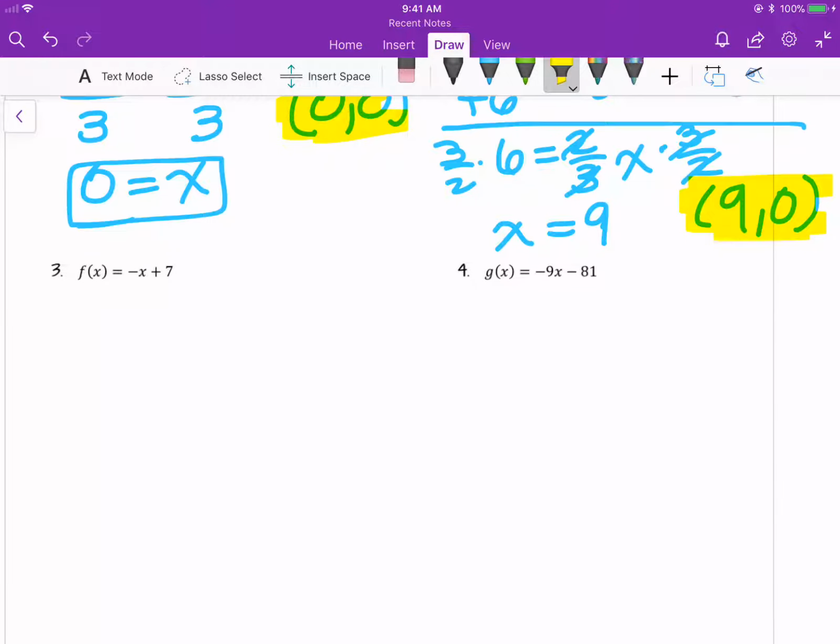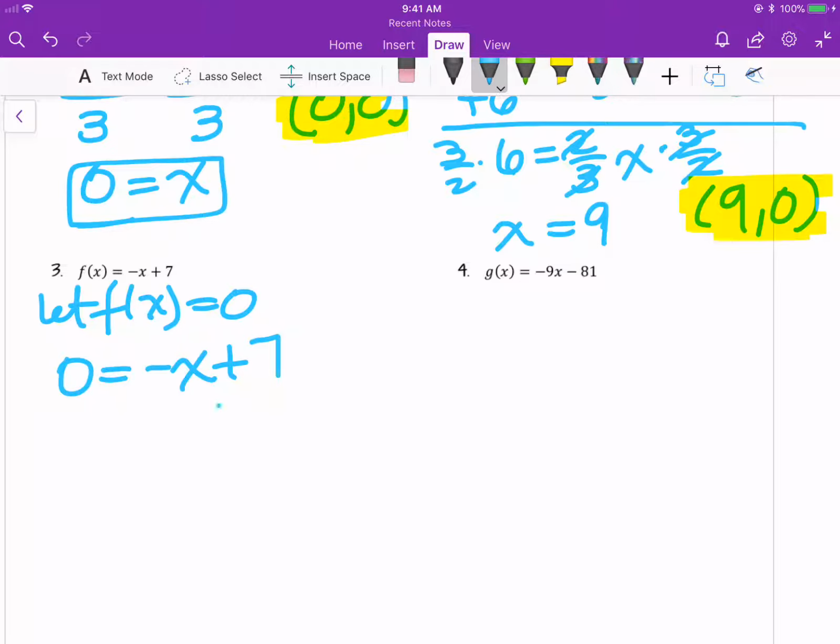Okay, moving on. Let's take a look at number 3. We're going to let f of x equal 0. And again, just to remind you, we are finding the zeros of the function, also known as roots, solutions, x-intercepts. Okay, so 0 is equal to negative x plus 7. I'm going to subtract 7 from both sides, so negative 7 is equal to negative x.